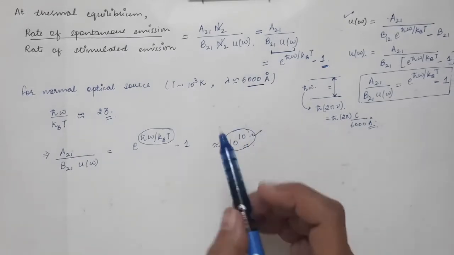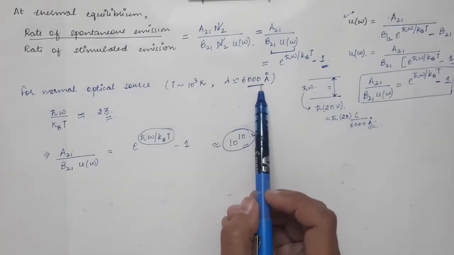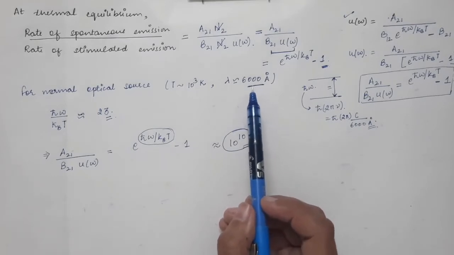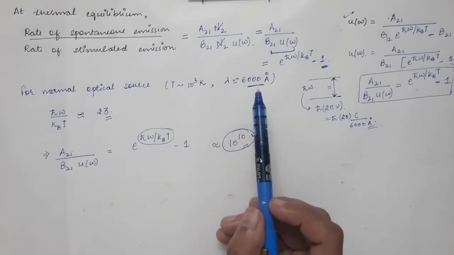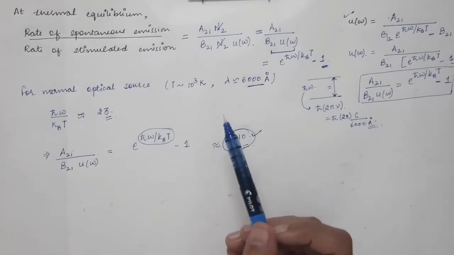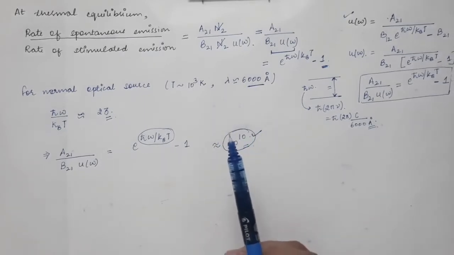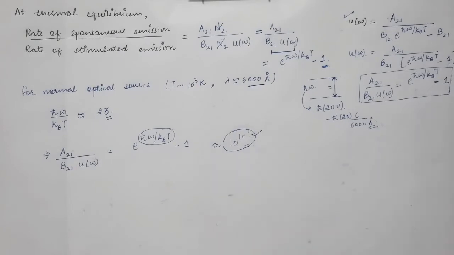So in the case of optical frequencies, which lie in the visible region, it is very difficult to construct a laser, to make the lasing action occur.